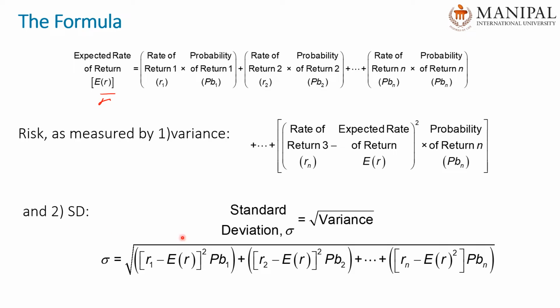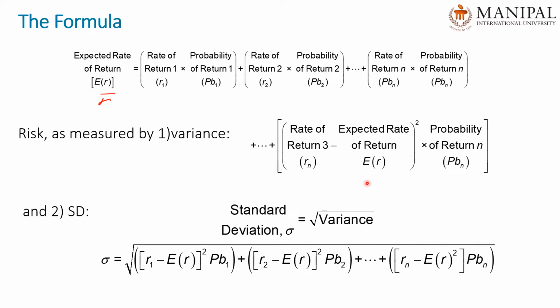All right, so let me explain the first one, which is variance. For us to calculate variance, we have to use R bar, or expected rate of return. So in order for us to calculate variance, we definitely have to calculate expected rate of return. We definitely need all this information as well.